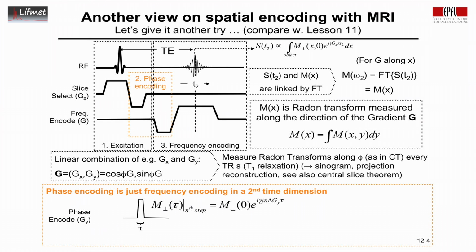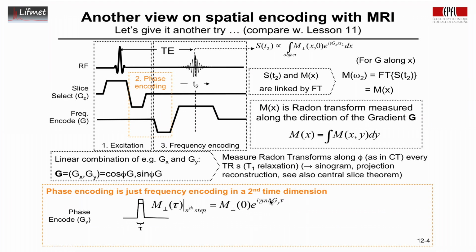If we have now an nth step, then the amplitude of the gradient is n times delta, the gradient strength, times y times gamma times the duration. That gives us the phase twist induced by this gradient. So for the nth phase encode step, the transverse magnetization after this phase encode gradient, so right here, is given by the magnetization before, so that's the transverse magnetization here, times this phase term here.